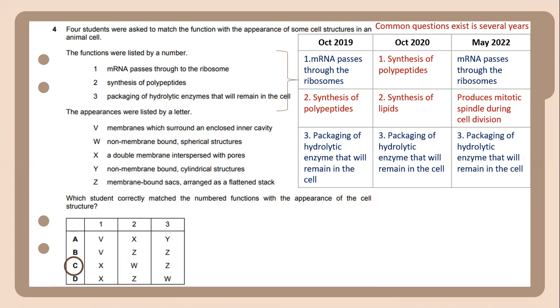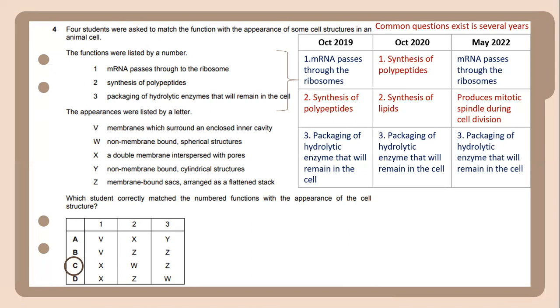But for October 2020, the functions focus on synthesis of polypeptide, synthesis of lipid, and packaging of hydrolytic enzyme that will remain in the cells. And for May 2022, it's more on mRNA passes through the ribosomes, which is similar to October 2019, except there is a slight difference in terms of producing the mitotic spindle during cell division. And the packaging of hydrolytic enzyme that will remain in the cells is similar for 2019 and October 2020.